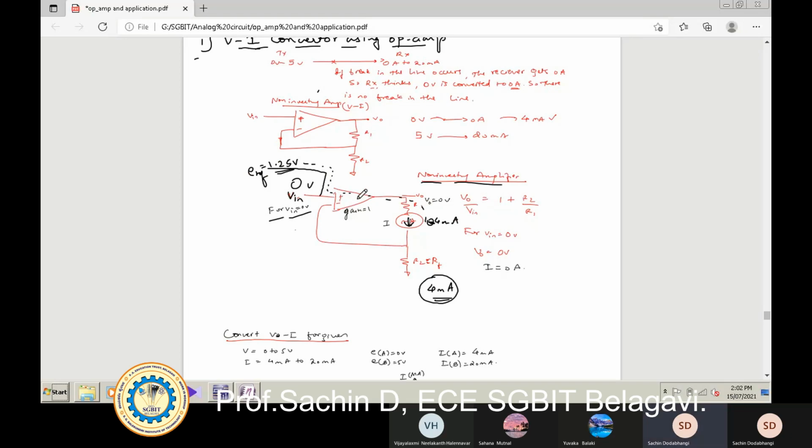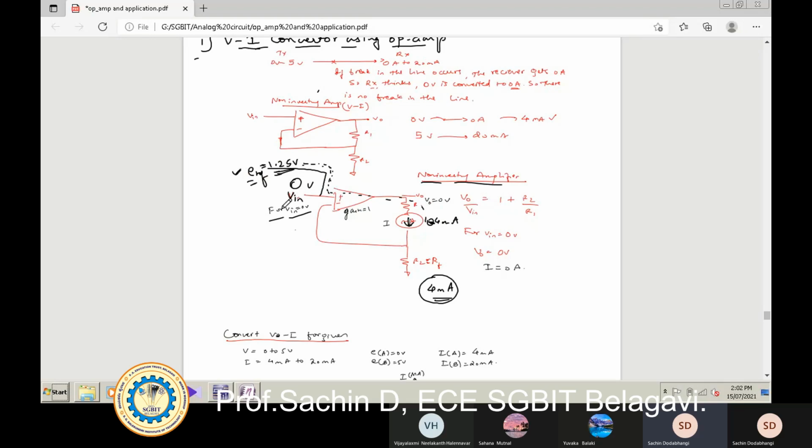Getting it? We take the same non-inverting amplifier. Only a small change is that I will be connecting one more input, the reference voltage, designed as 1.25 volt or any voltage as per our design. There is a formula based on which we find this E reference. Even though the input voltage is 0 volt, there is a supply of 1.25 volt.